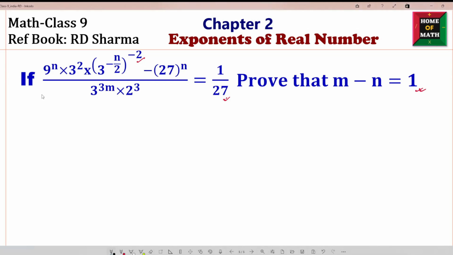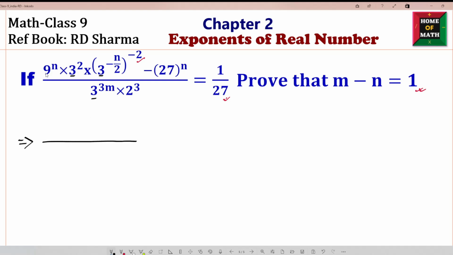First, here is our quotient, so we can start like this. Here the base is 3, so we have to convert this 9 to 3.